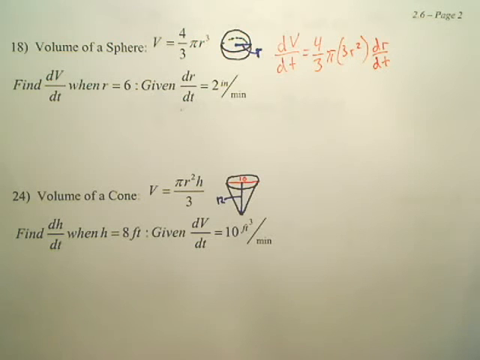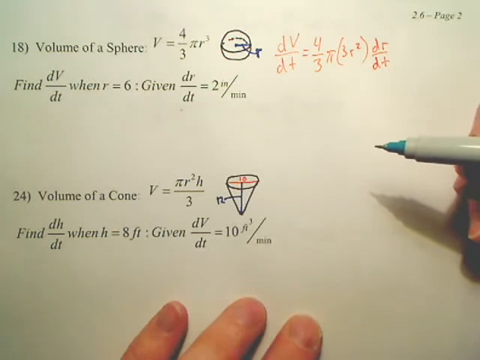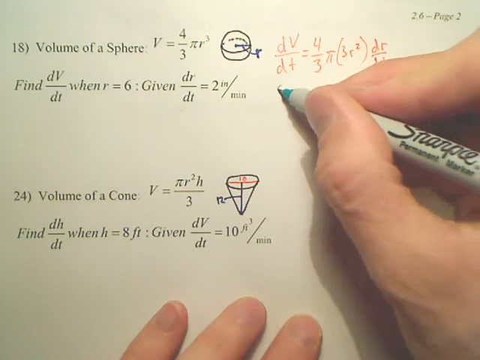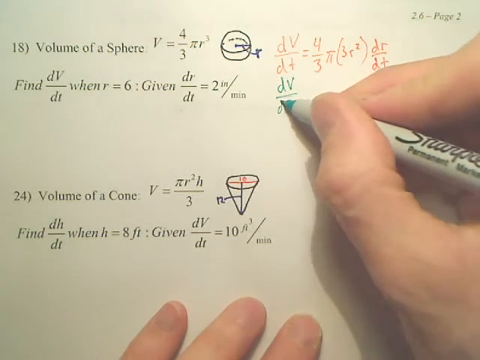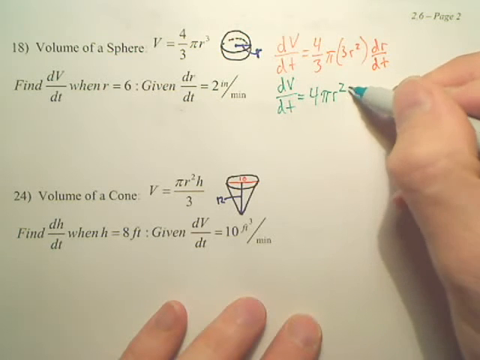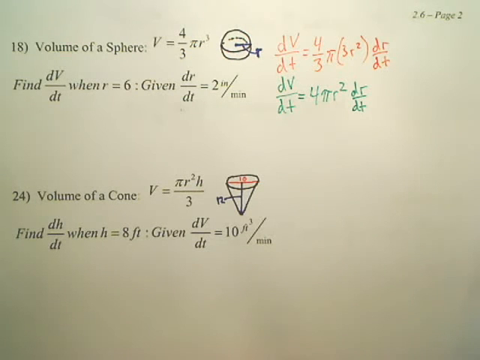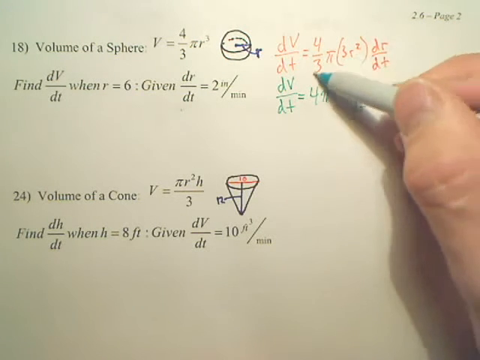Okay, there is my formula. Now, do you see the 3's canceling? A little bit easier formula. The 3's canceled.